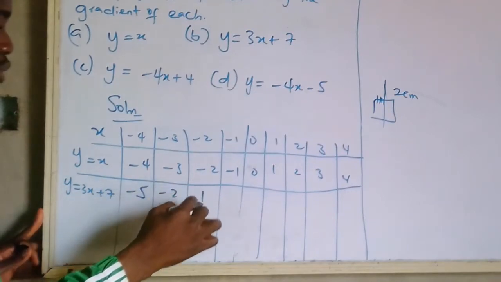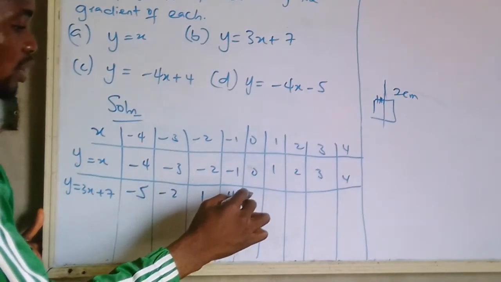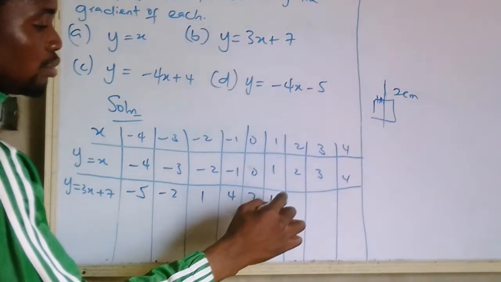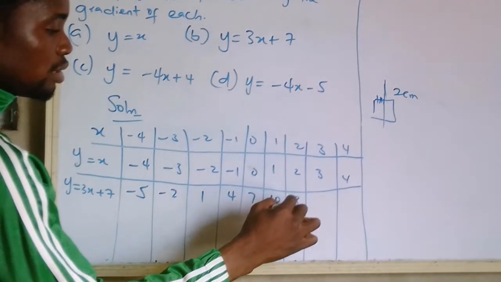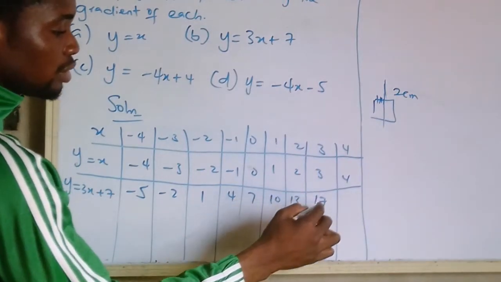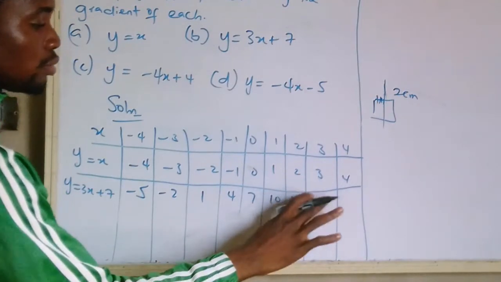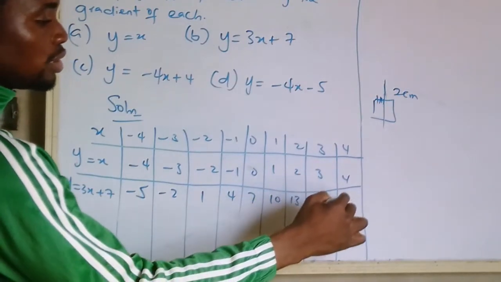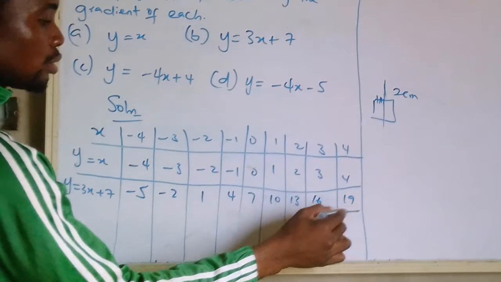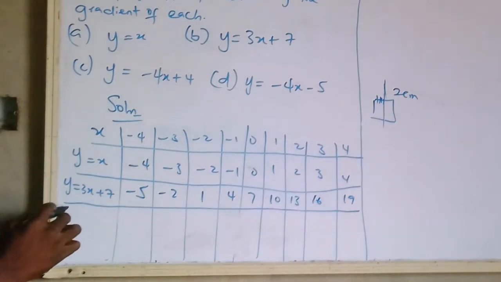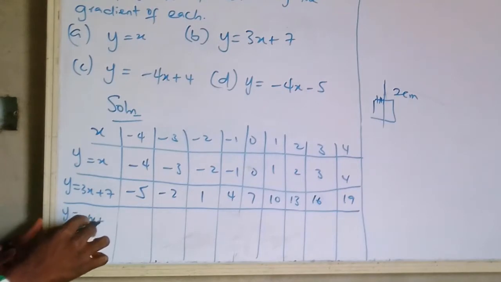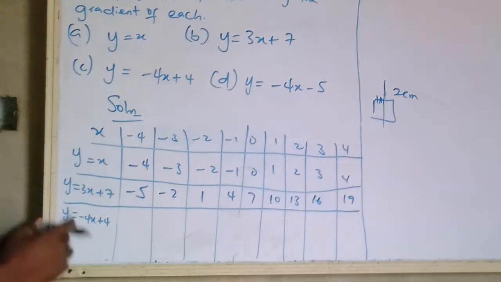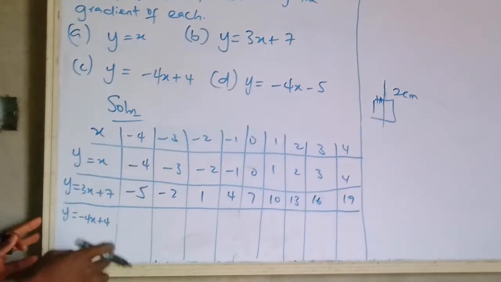Plus 3 gives me 1, plus 3 gives me 4, plus 3 gives me 7, plus 3 gives me 10, plus 3 gives me 13, plus 3 is 16. Plus 3 then is 19. For y equals -4x plus 4, we'll have the same thing, so I'll just quickly do all this and then we'll come back to the question.